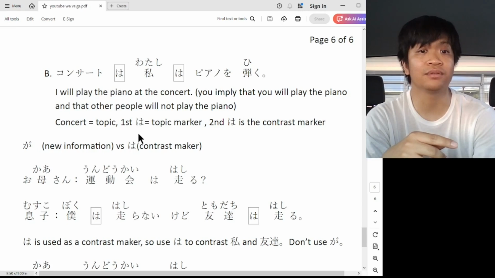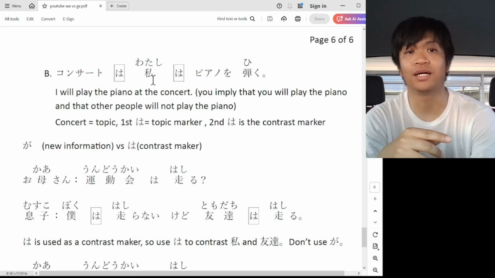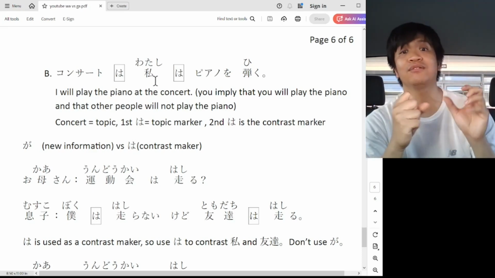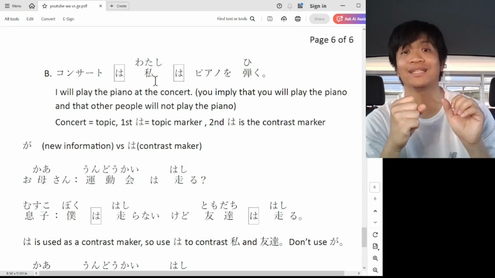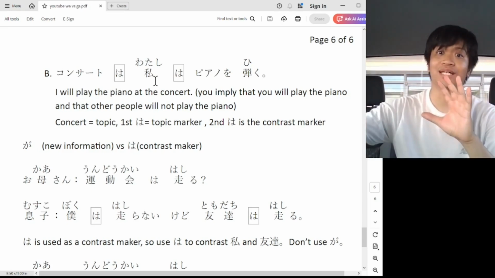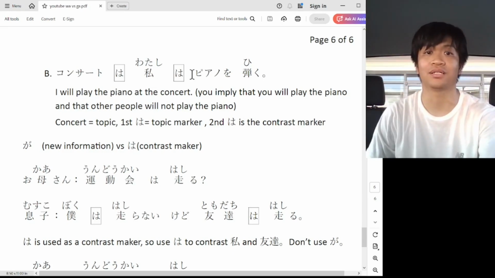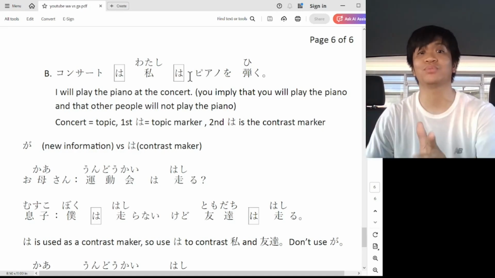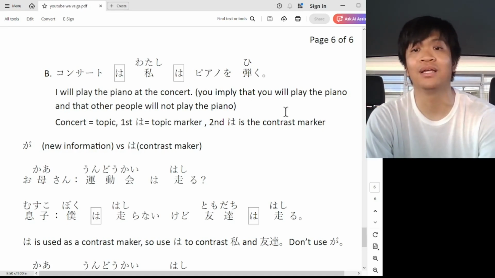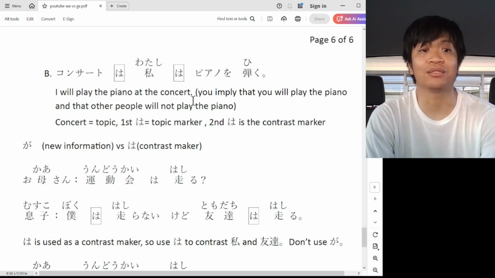And then the second wa, watashi wa, is the contrast marker. So I myself will play the piano. But as for the other people, what they're not saying is that, because of the contrast marker wa, they will not play the piano. That's what you imply by using this second wa.